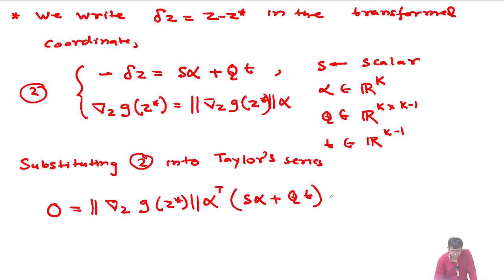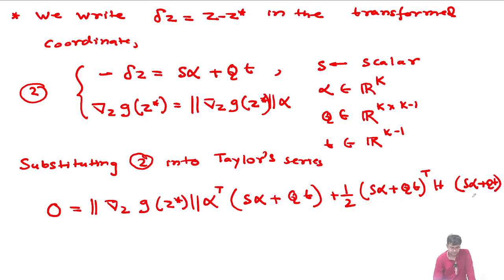The second order term accordingly will be half s alpha plus qt transpose H s alpha plus qt. And then what will the first term look like? If I do the calculation, I will get alpha transpose alpha, that will be equal to 1. I will get alpha transpose q, that will be 0, orthonormality.